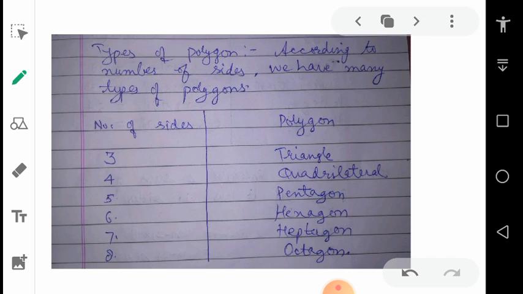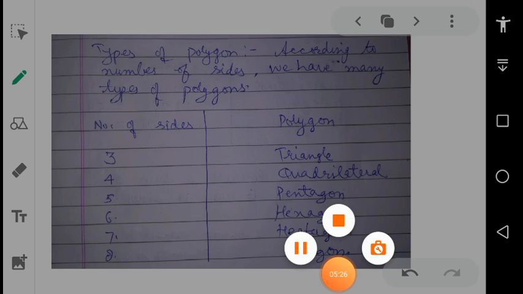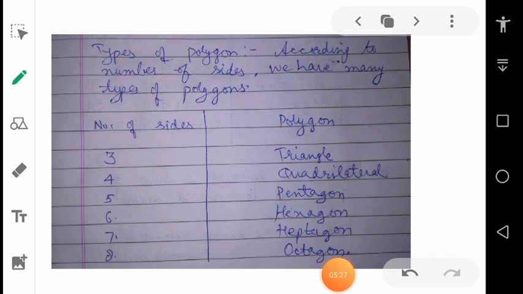Now, the types of polygon according to the number of sides. So we have many types of polygons. Okay. On the left hand side, I have written the number of sides, and on the right side some polygons.